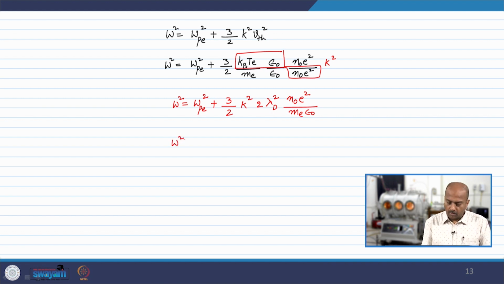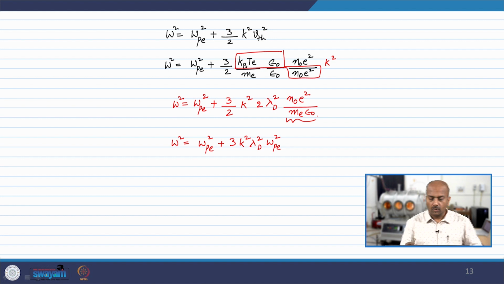So, simplifying, omega square is omega p e square plus 3 k square lambda d square omega p e square. So, this is again the plasma frequency.